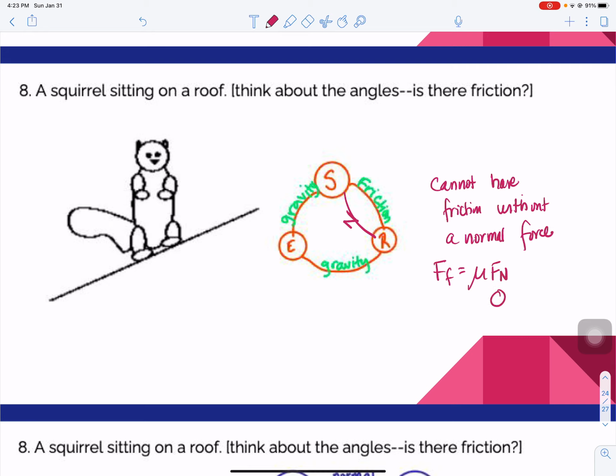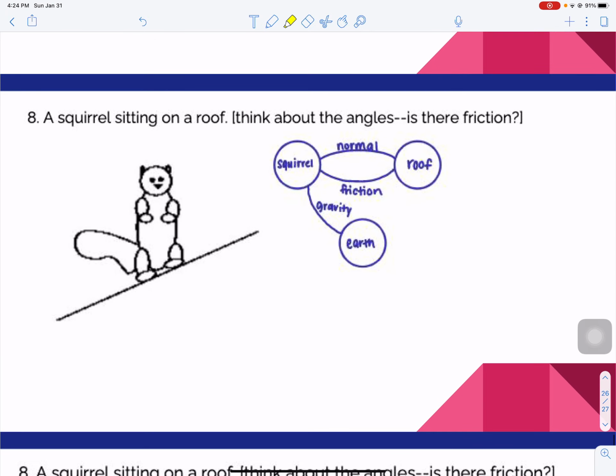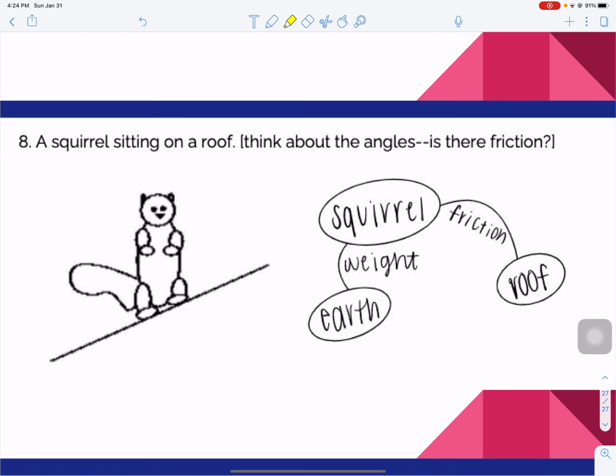So if there's no normal force, actually I think I'll do that as an X. If there is no normal force, there is no friction. Yes, good job. Okay, just missing normal force.